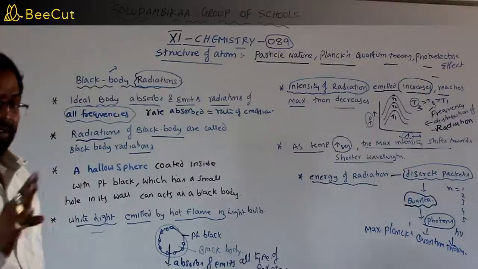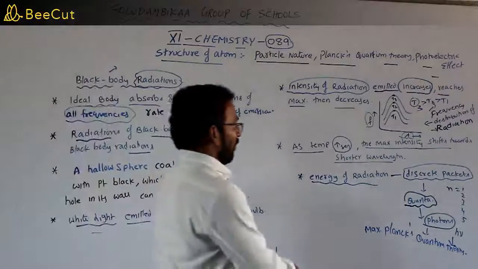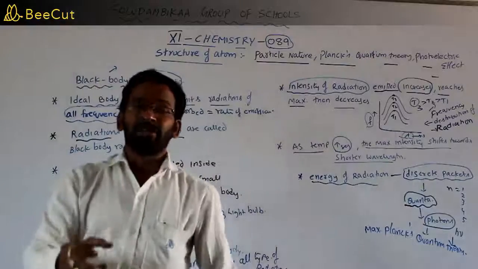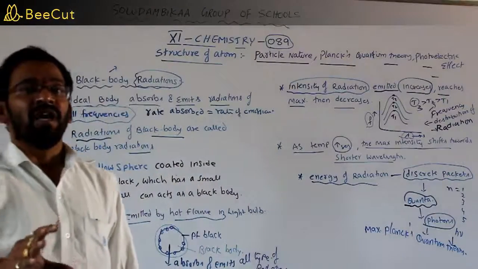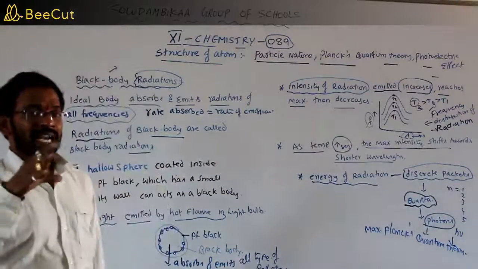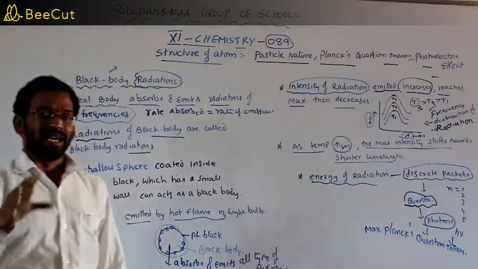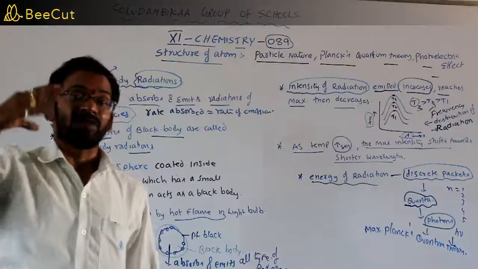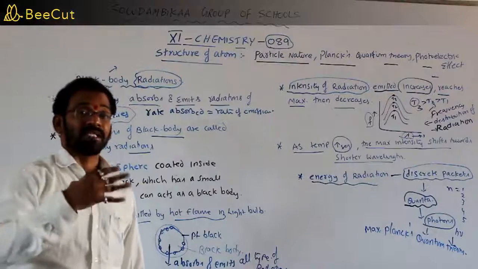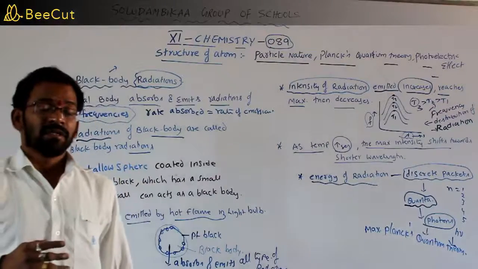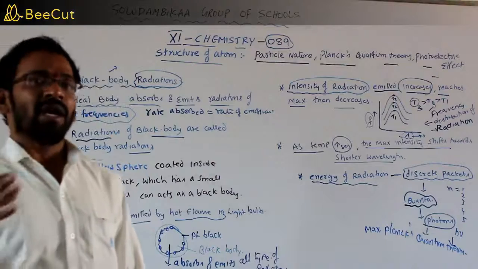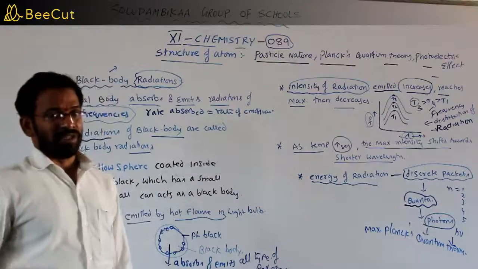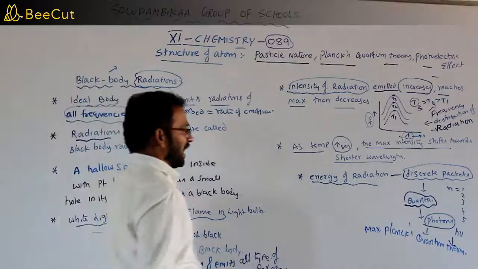If the curve is plotted between wavelength on the x-axis and frequency on the y-axis with the effect of temperature, up to a certain extent increase in temperature increases the wavelength and frequency. After reaching the maximum, the curve moves towards a shorter wavelength upon increase in temperature. That is the point we can observe here.